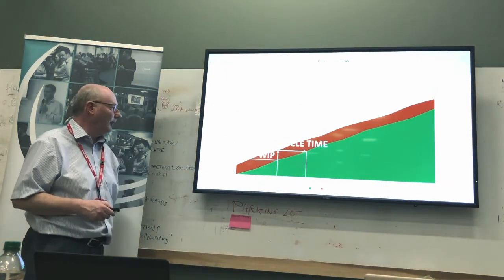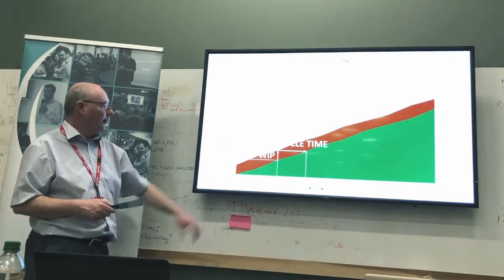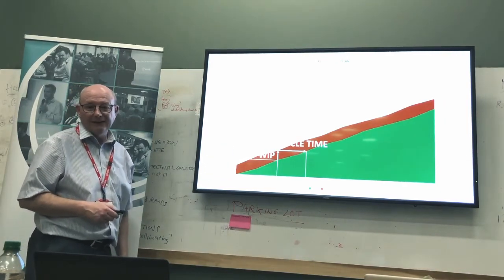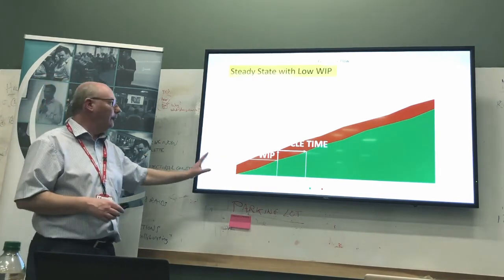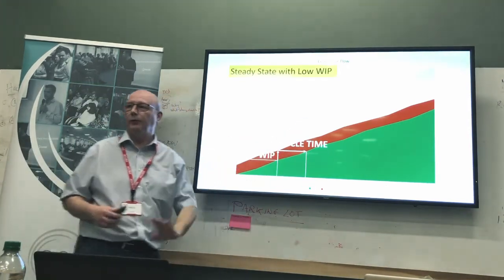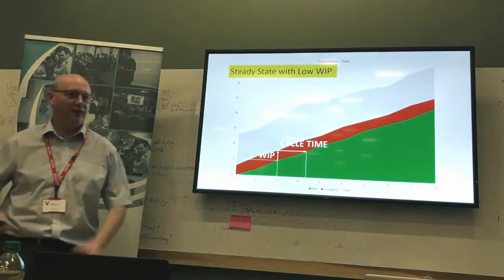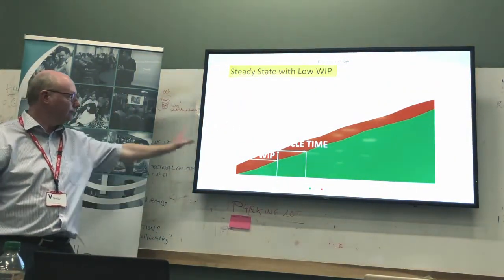We've got our WIP and our cycle time on there, but it's showing a nice short cycle time. These lines don't wiggle about very much. All our stories are about the same size and everything's flowing brilliantly. Okay, so that's that one.